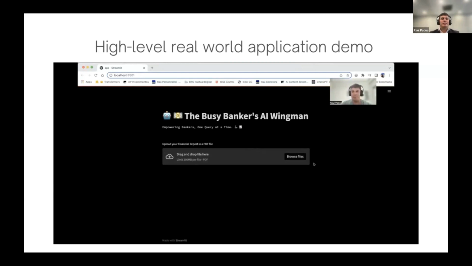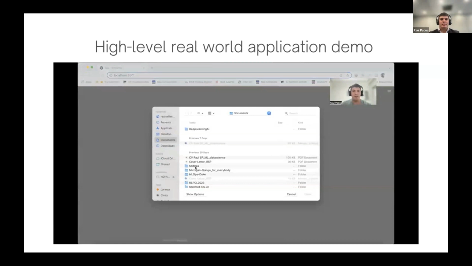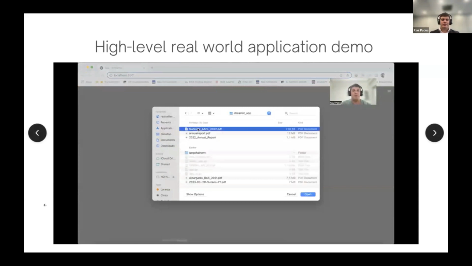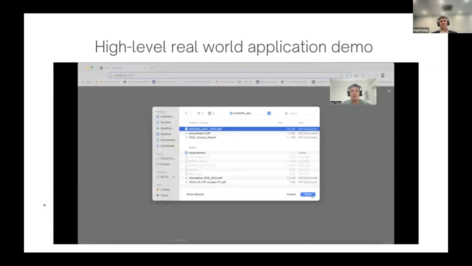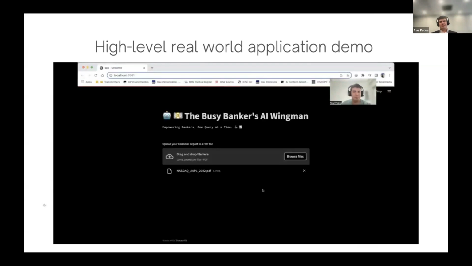What this app does is the user loads up a file. Here we are talking about an Apple 10K financial report with hundreds of pages. So we're going to upload the document.